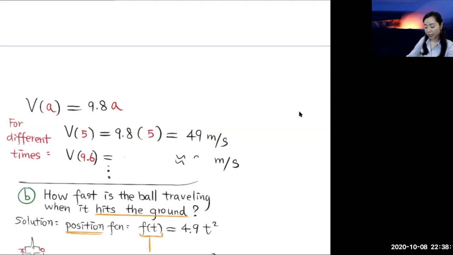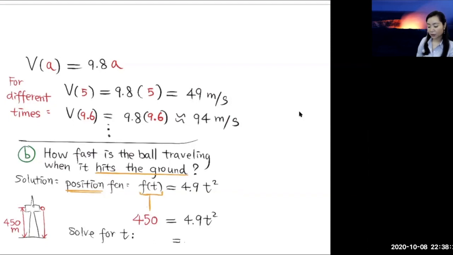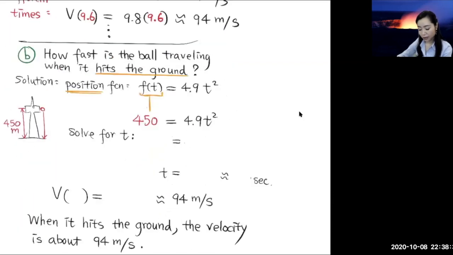The unit here is meters per second. At 9.6 seconds, that will be 9.8 times 9.6, which is about 94 meters per second. So we can substitute different a into this to find the instantaneous velocity at different moments.